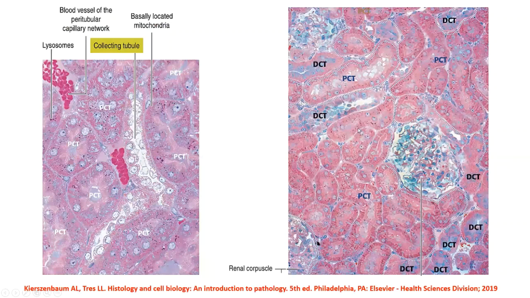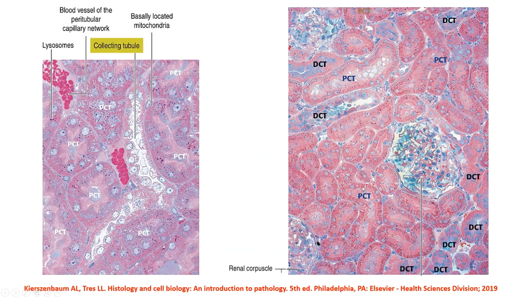So this particular illustration shows you both the types of tubular elements. You've got the proximal convoluted tubular elements, which are marked out as PCT, and you've got the distal convoluted tubular elements marked out as DCT. So between the DCT and the PCT, the difference is obvious.